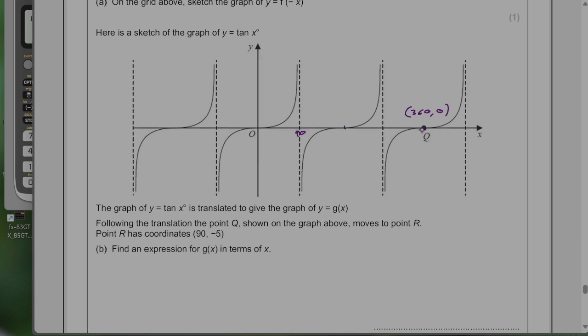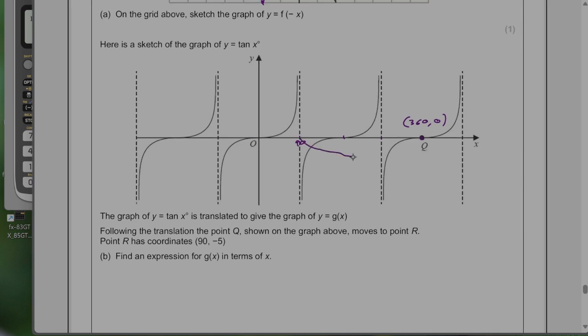So from there to there, we've moved 270, so minus 270. And the point's been moved 5 down. So we'll put it there. 270, not 270, sorry, 90, minus 5.